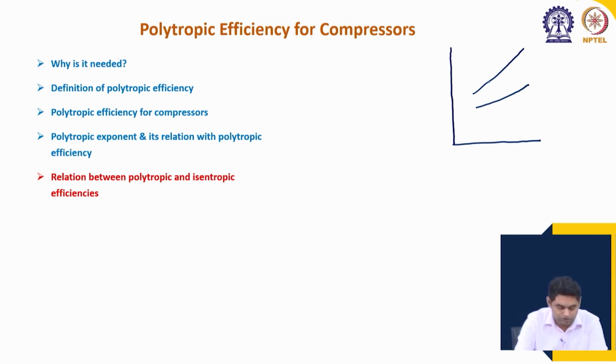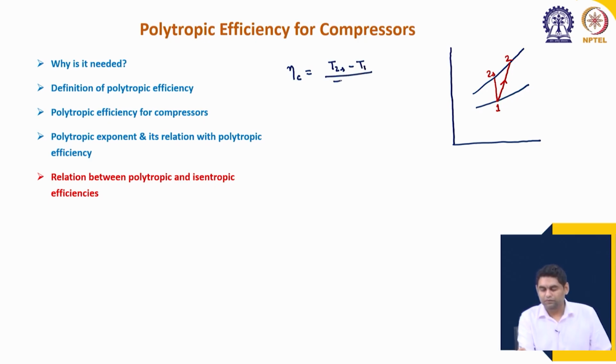Let us say this is the ideal process going from 1 to 2s, and the actual process going from 1 to 2, which is a polytropic process, not a straight line. So, the isentropic efficiency in this case, eta c, we had defined as T 2s minus T 1 by T 2 minus T 1. This is the way we have defined it.